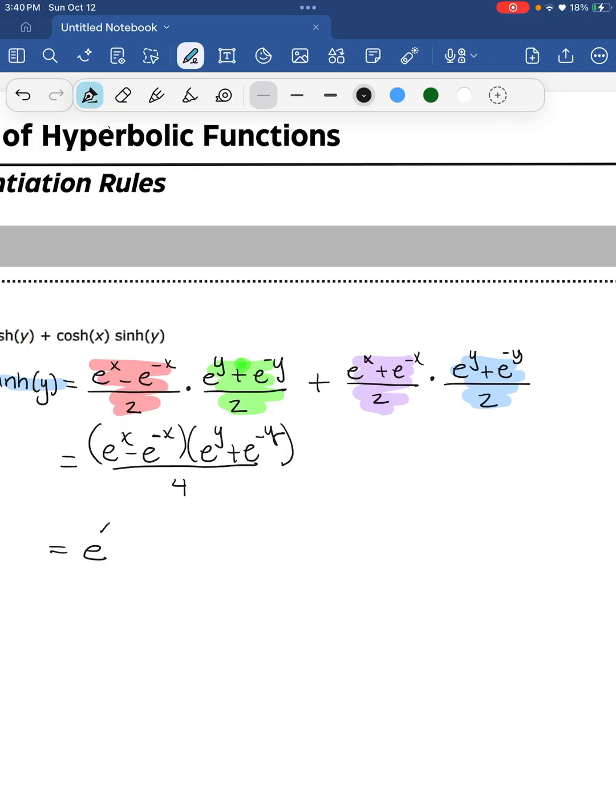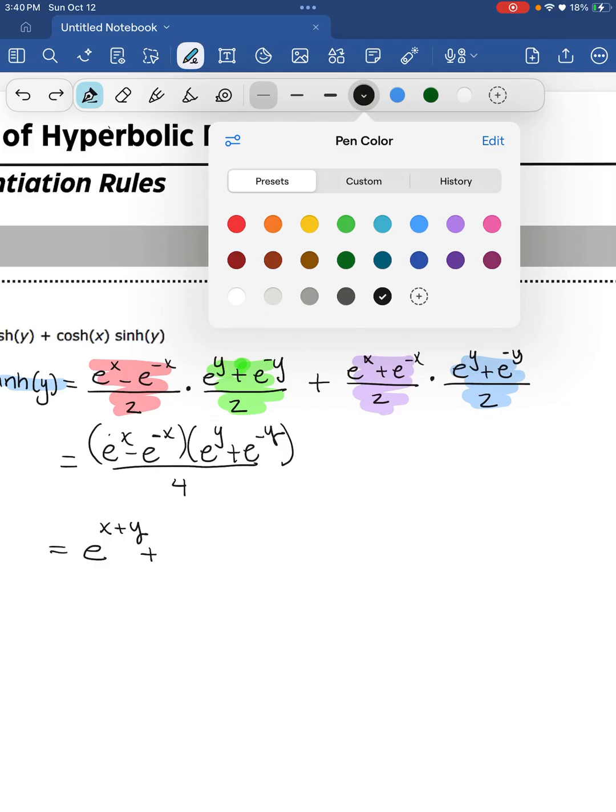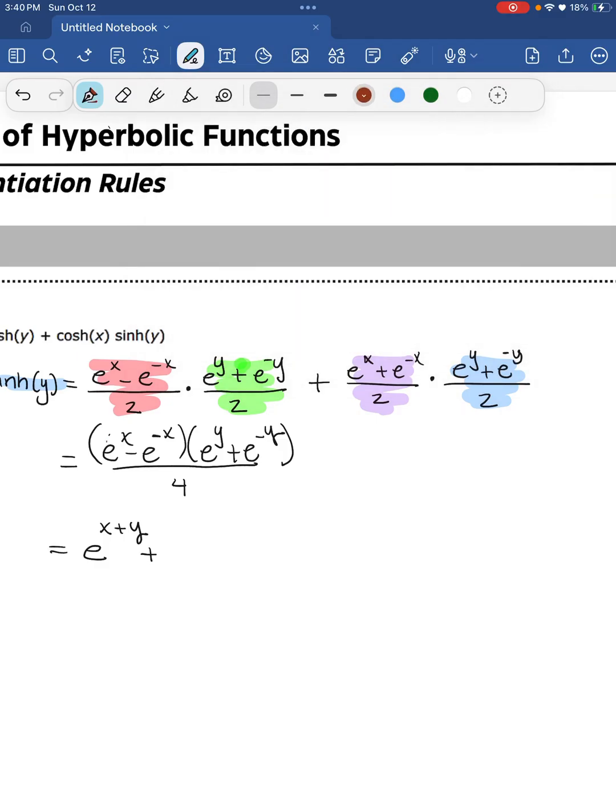So e to the x plus y plus e to the x minus y, minus e to the negative x plus y, plus e to the negative x minus y, over 4.